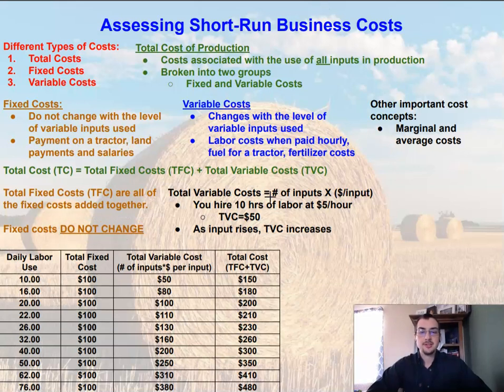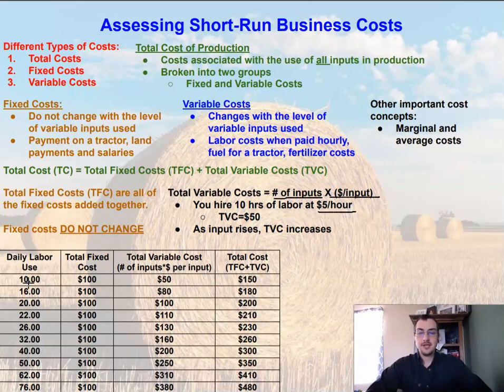It will not change. Now your variable cost, on the other hand, is equal to the number of inputs times the price per input. So in this case, we hire 10 hours of labor at $5 an hour. Somehow we're managing to pay this person $5 an hour.